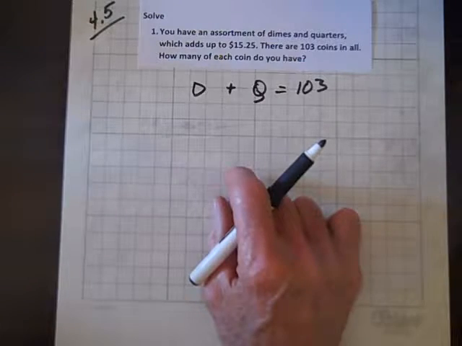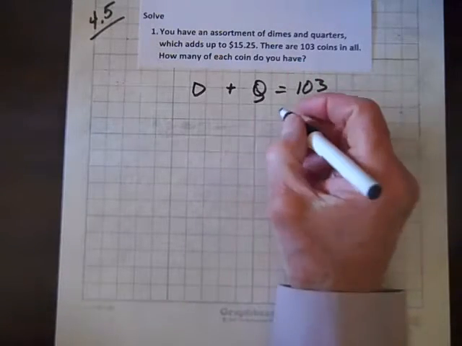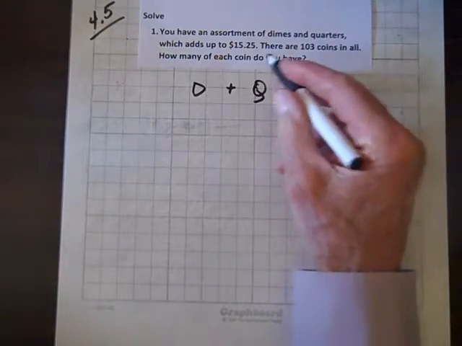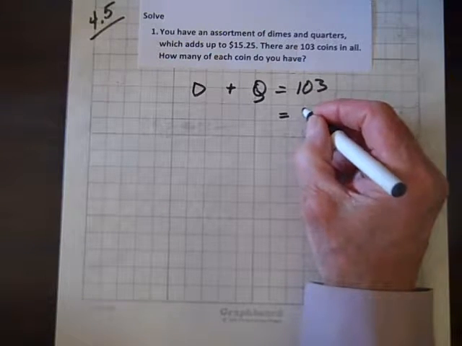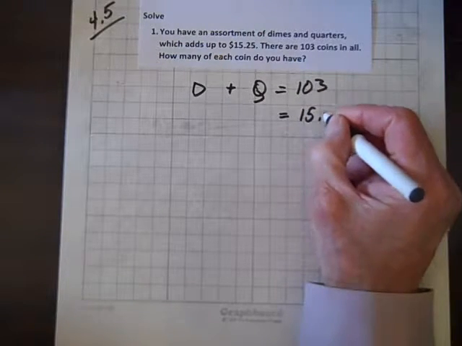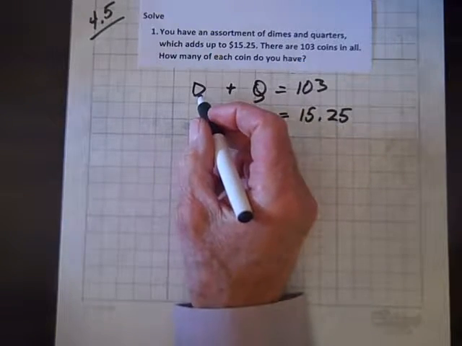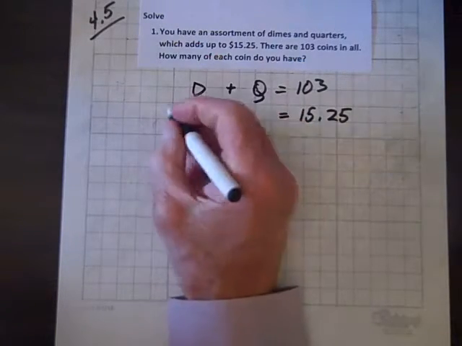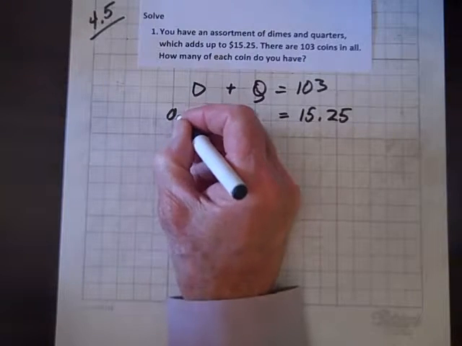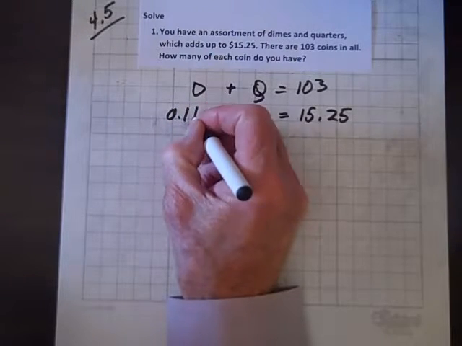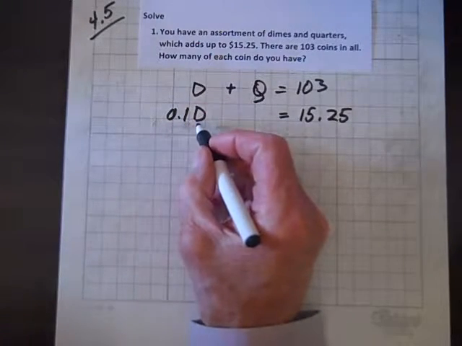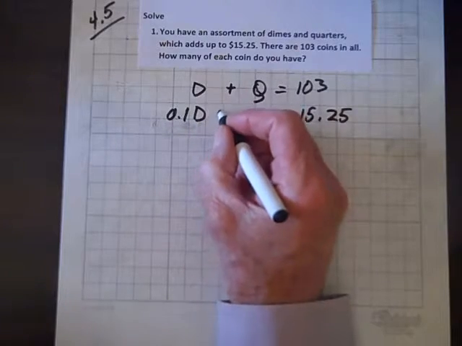There's an equation. Now, we've got a total sum of money, 15.25. So let's see, how much is a dime worth? Well, it's worth 1/10 of a dollar, or 0.1 times D is the total value of the number of dimes.